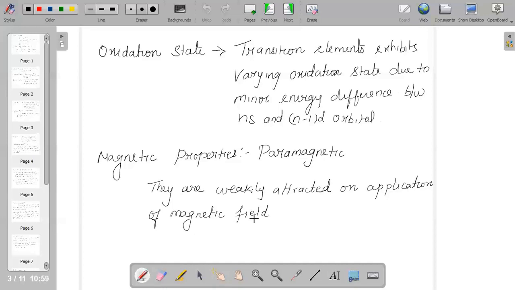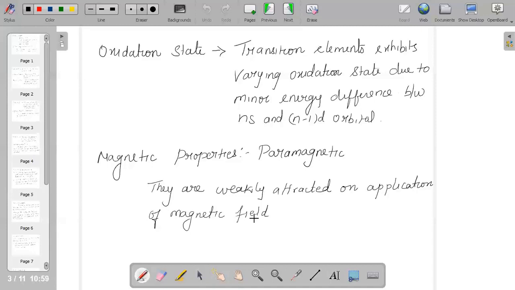Application of a magnetic field magnetizes the paramagnetic substance in the same direction, but it loses its magnetism in the absence of the magnetic field. So that is very important. And diamagnetic means they are weakly repelled by a magnetic field because of the absence of unpaired electrons.